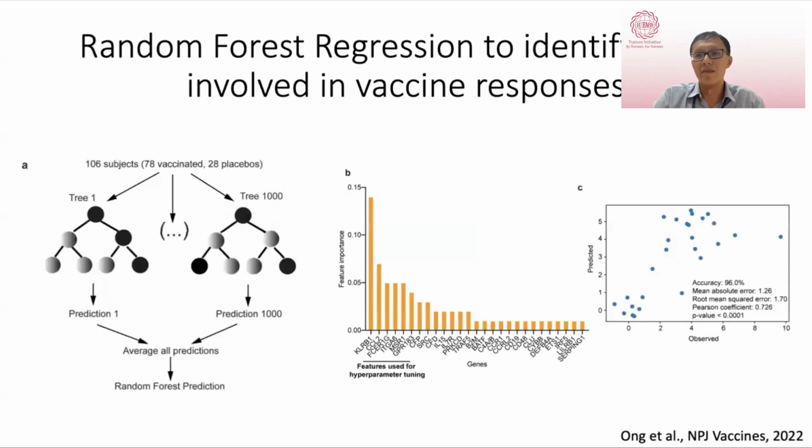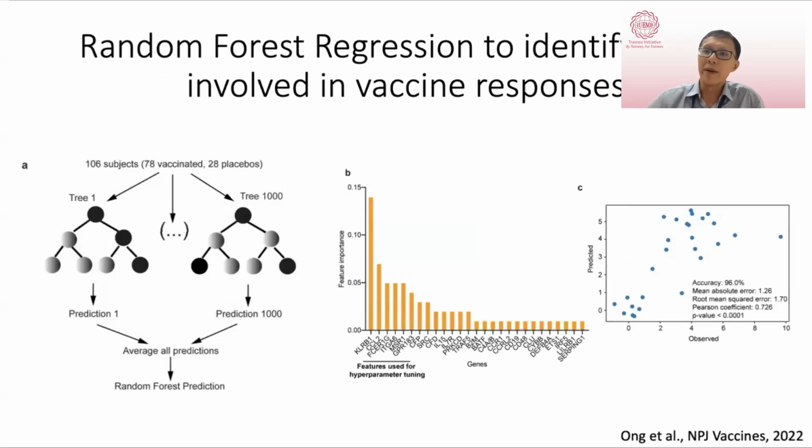So just to showcase one of the machine learning algorithms that we have used to predict vaccine responses. This was a clinical trial that we initiated in Singapore during the COVID pandemic, trying to develop a vaccine against COVID-19 disease.